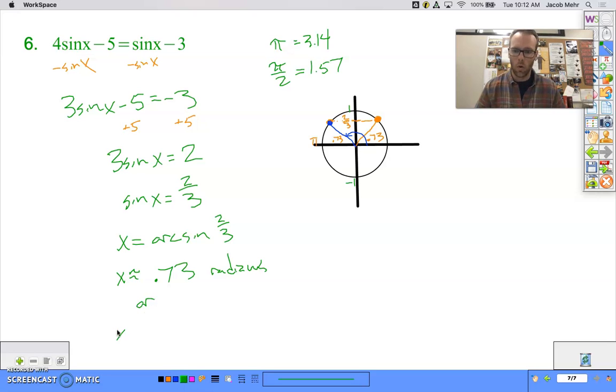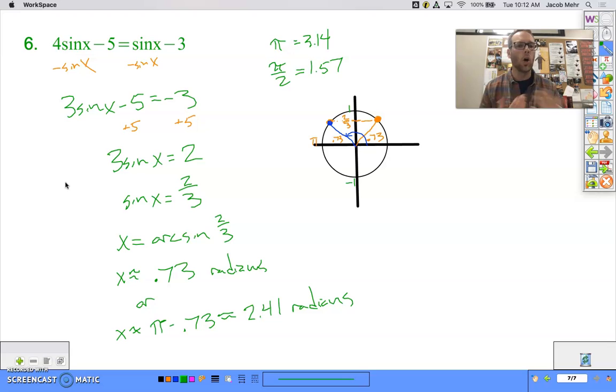So it's pi minus 0.73, which is about 2.41 radians. So that's how I handle it in radians instead. Instead of using 180, I use pi. And I just know that my angles here in radians aren't super nice numbers. They're numbers like 0.73 radians. That's okay. We can handle that.